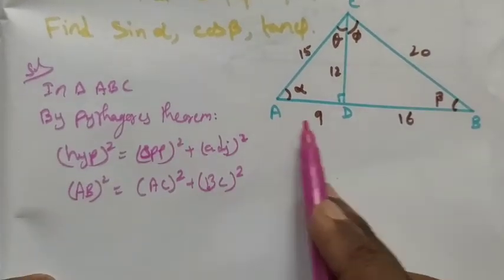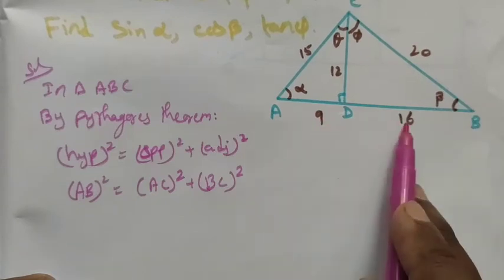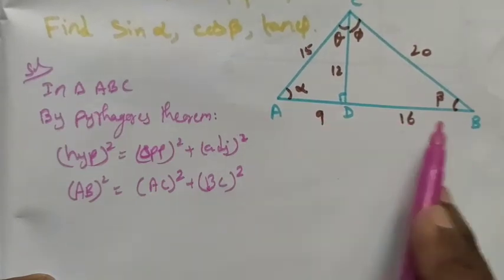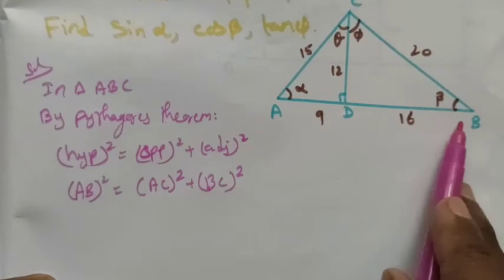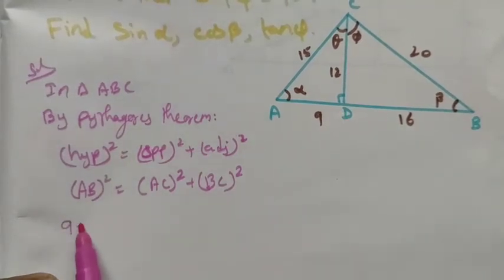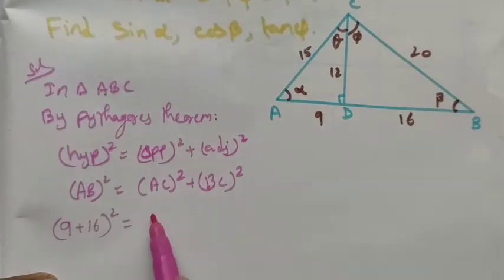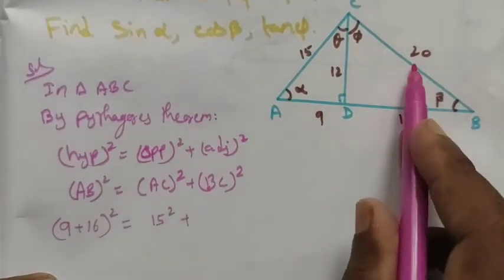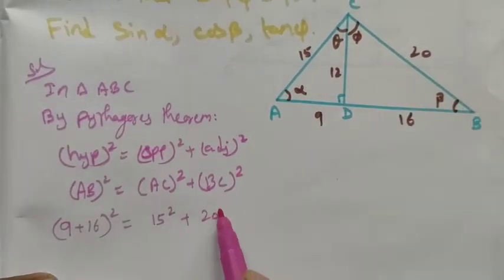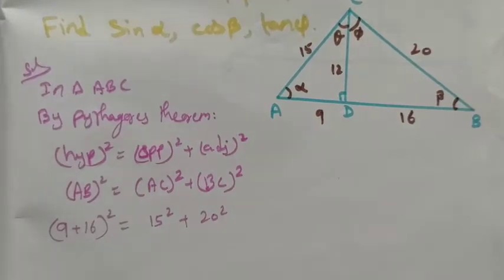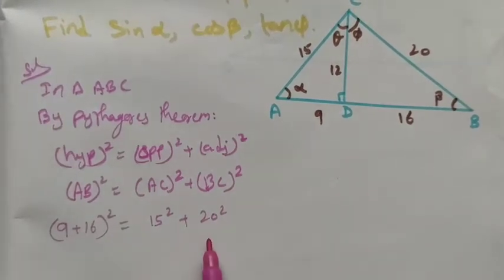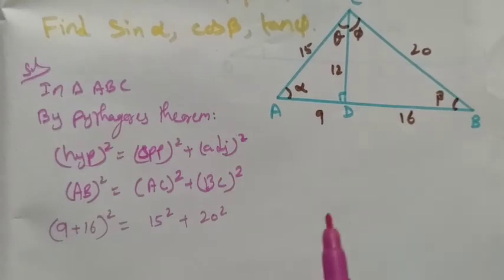See, the AB distance is 9 plus 16, the total distance of AB is A to D plus D to B. So (9 plus 16) whole square is equal to AC is 15 square plus BC is 20 square. If the LHS is equal to RHS then it is a right angle triangle, otherwise it is not.